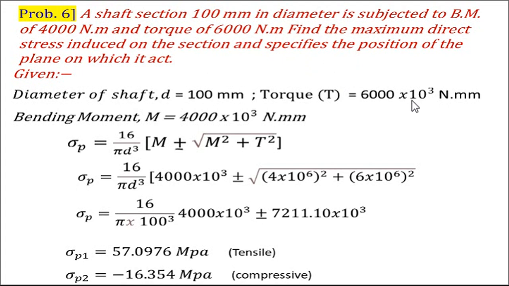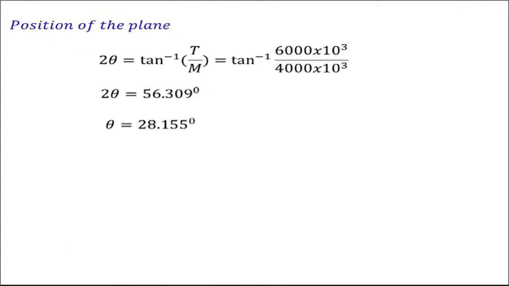So if you convert into Newton mm, multiply by 10 raised to 3. So if you put this torque and bending moment, you will get the theta value, which is 28.155. So this particular theta is the position of the plane on which these stresses are acting.